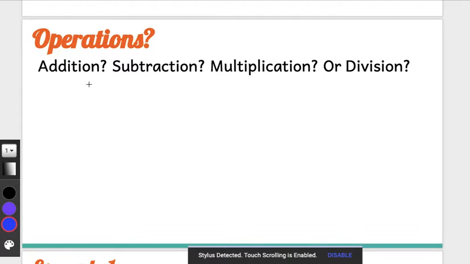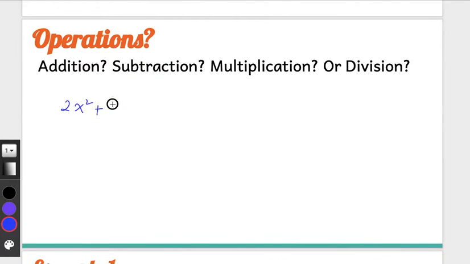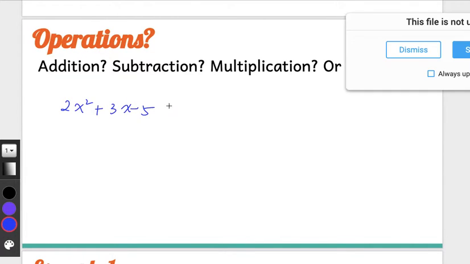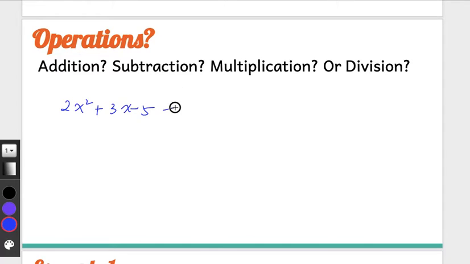For addition, I just want to quickly remind you. For example, if I'm working on something like this, you can consider this the first polynomial. And then we need to add a second polynomial. Without even teaching you, I guess many of you already figured out, hey, this is just combining like terms. Yes, you're right.